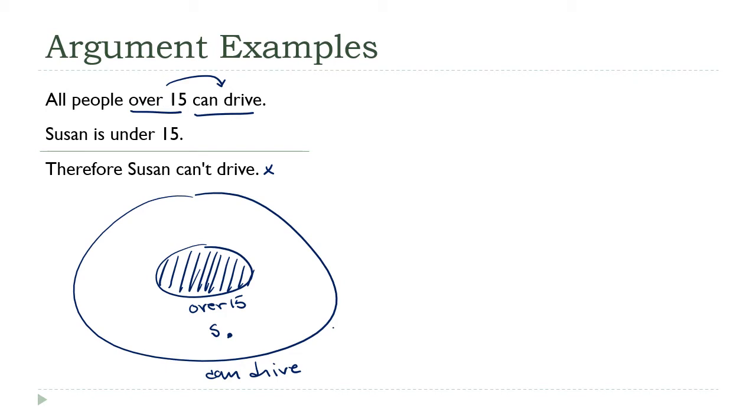Therefore, this is an invalid argument. Thinking back to what we talked about in some previous lectures, this scenario right here is our counterexample. The existence of that one possible situation where the conclusion is false is enough to make the entire argument invalid.